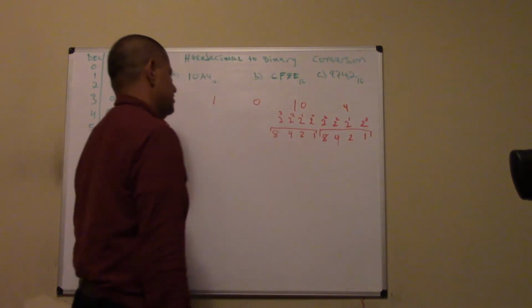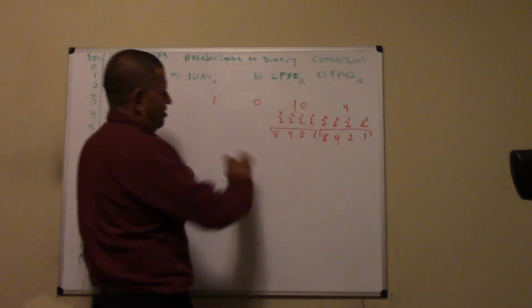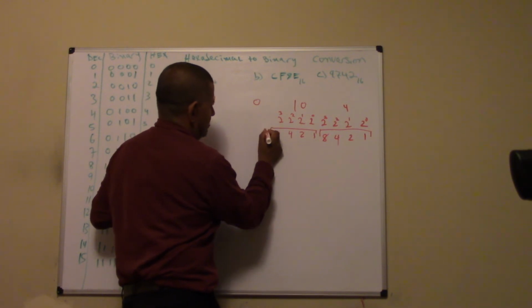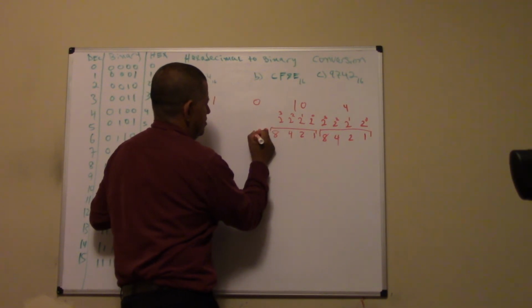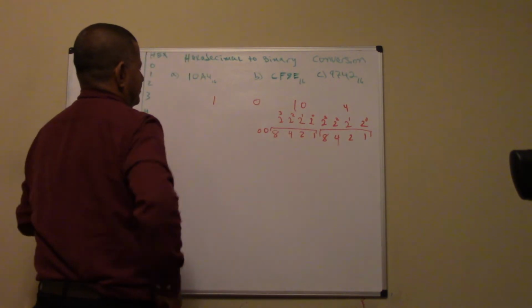So now let's do the zero. Well, the zero is simply all of them are zero, right? I don't even have to do this math. So I can just put 0, 0.